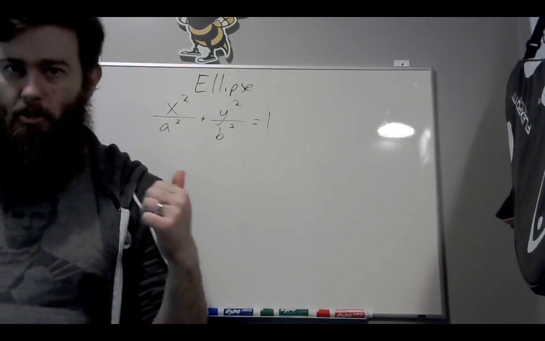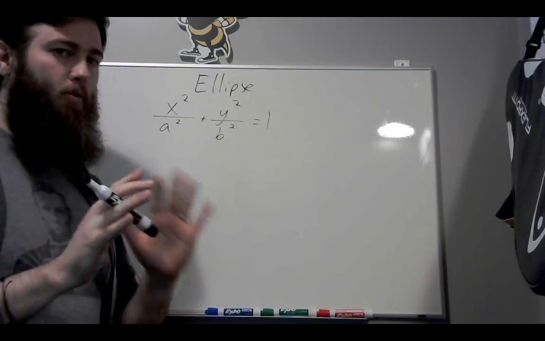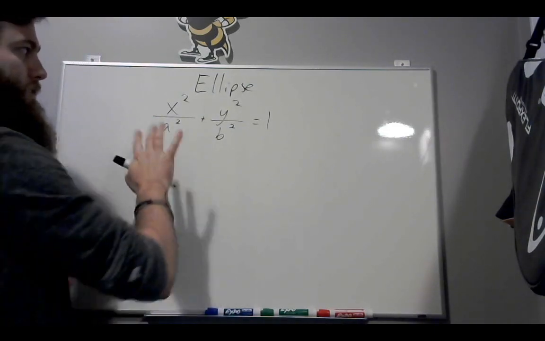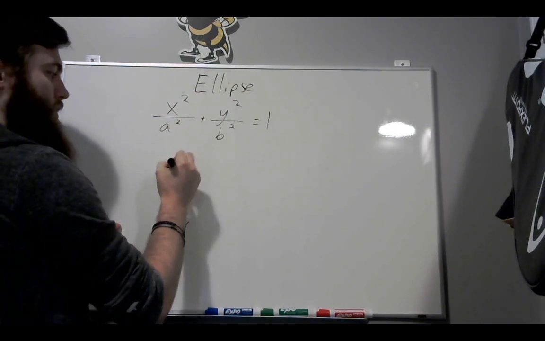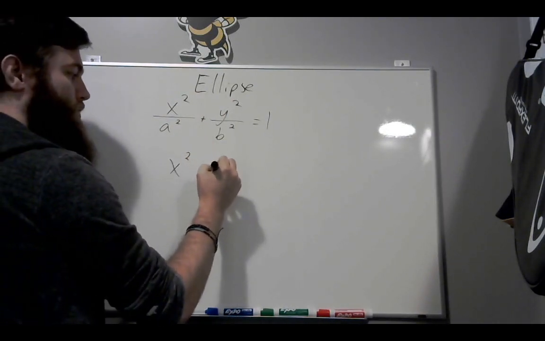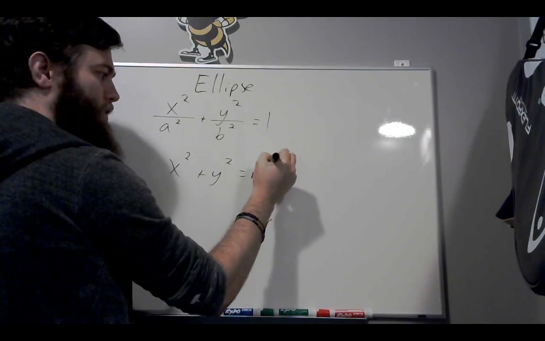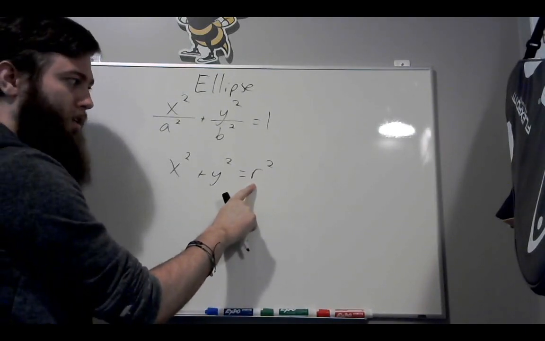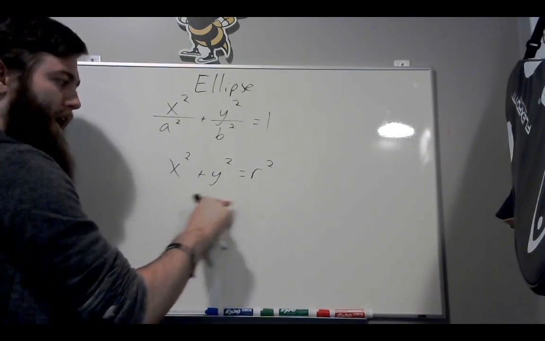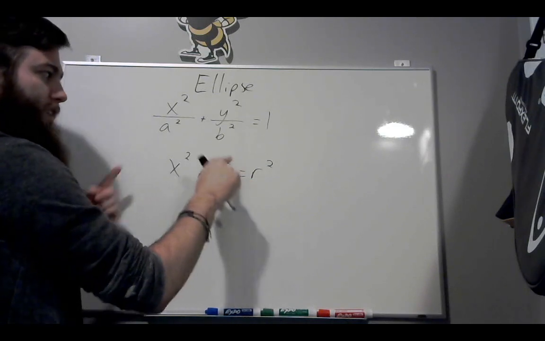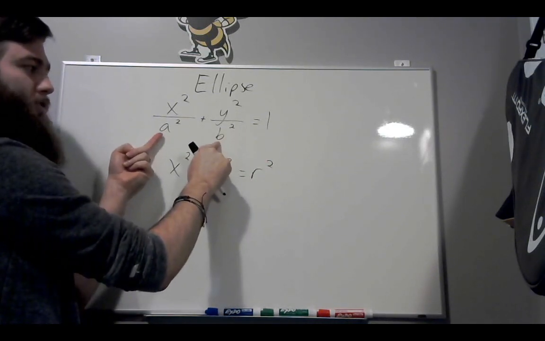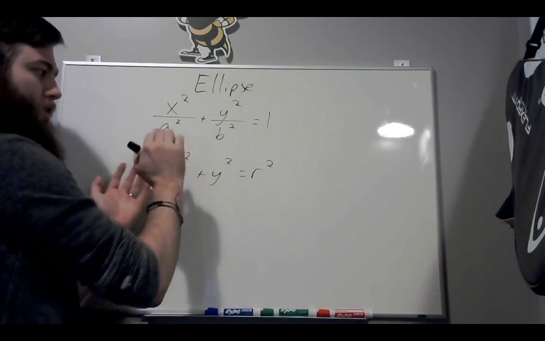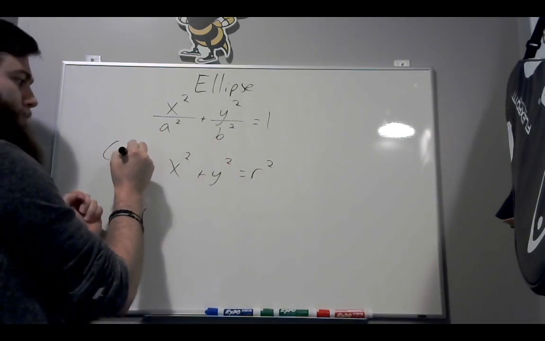This formula should look somewhat familiar because of the circle equation, x squared plus y squared equals r squared, where you get the radius. If I divide everything by this r squared, that gives me the 1 over here, but it also tells me that a and b are equal. So this is a circle.